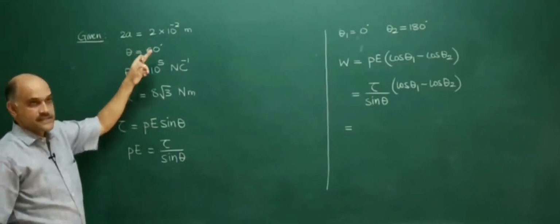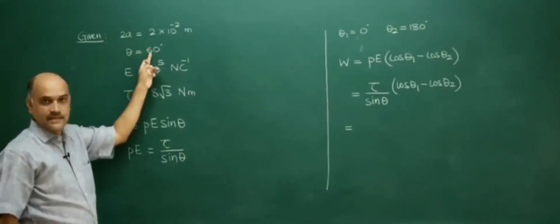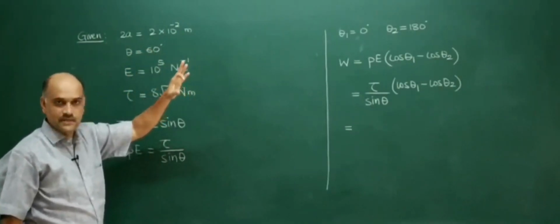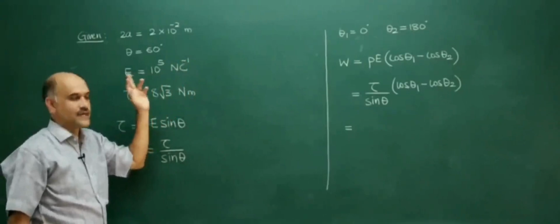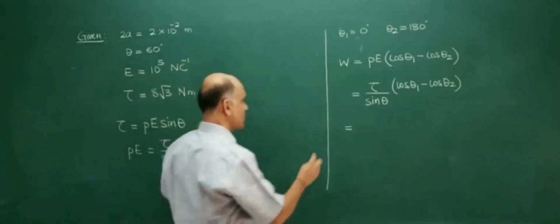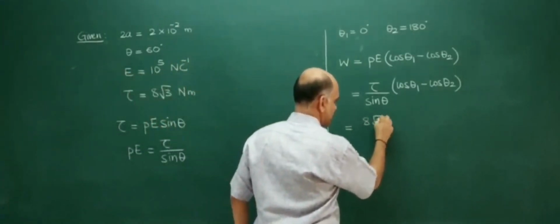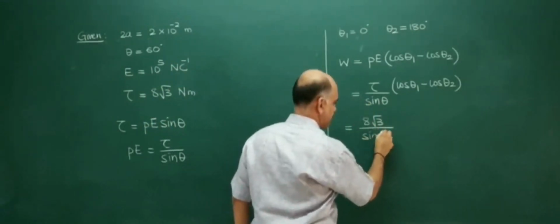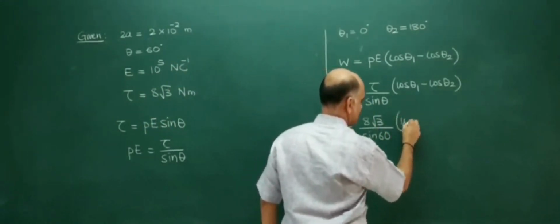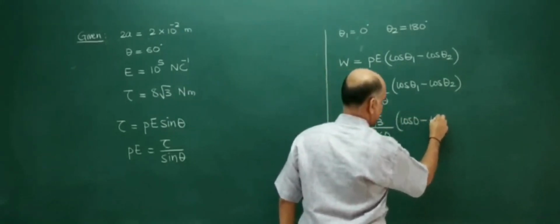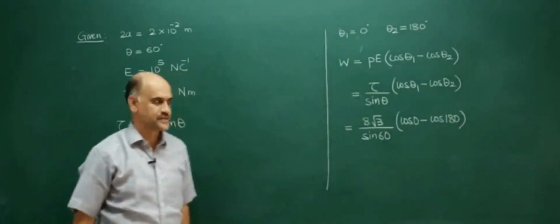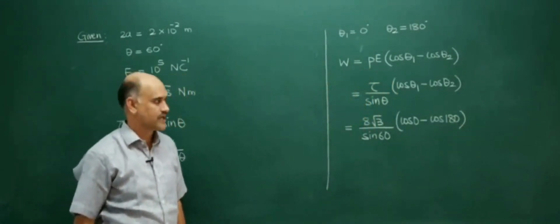Then sin theta, theta he has given, that is 60 degrees. If you substitute, you will have the answer. So 8 root 3 divided by sin 60 into bracket cos 0 minus cos 180.